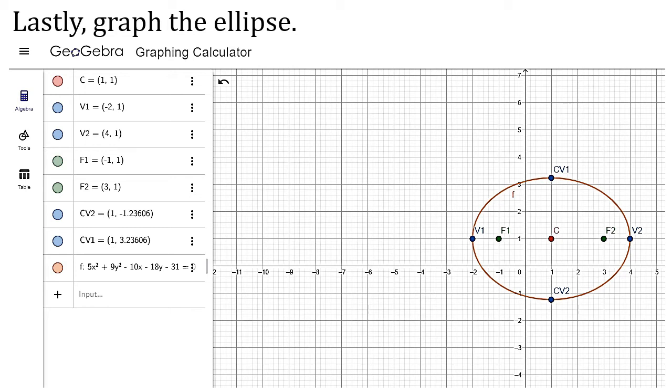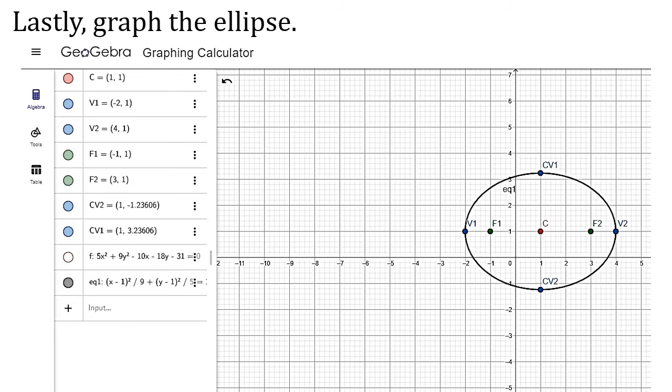And then I have expressed 1 minus square root of 5 and 1 plus square root of 5 in decimal for me to plot the points. As you can see, these two co-vertices are there. And then using the general form of the equation of the ellipse, this will be the graph of the ellipse.